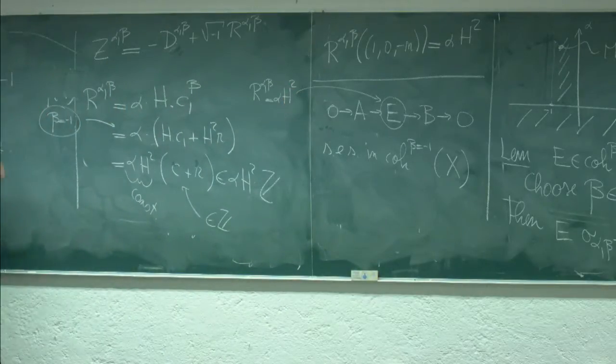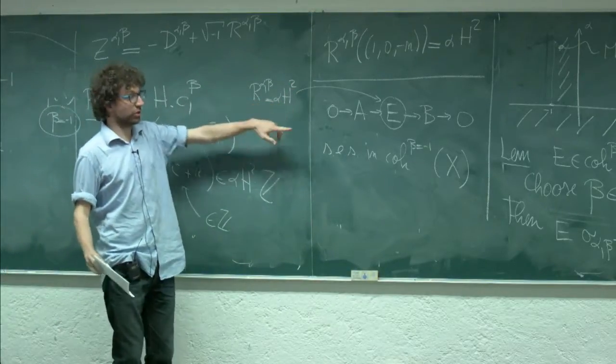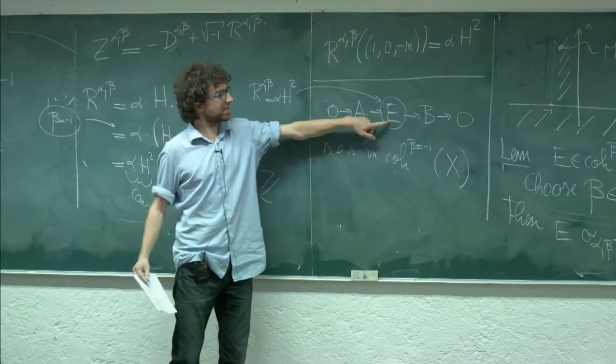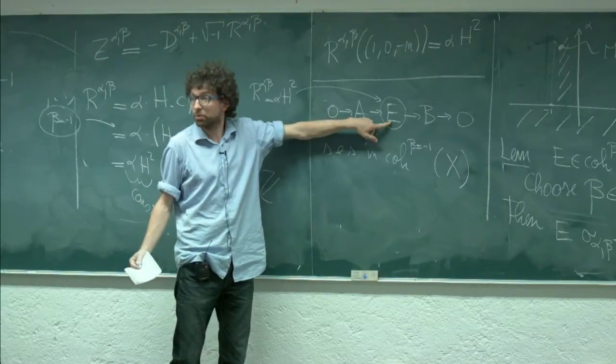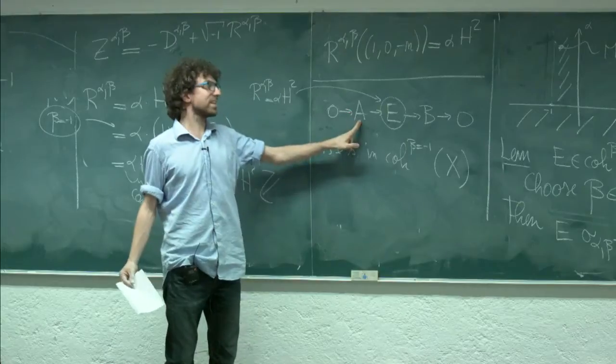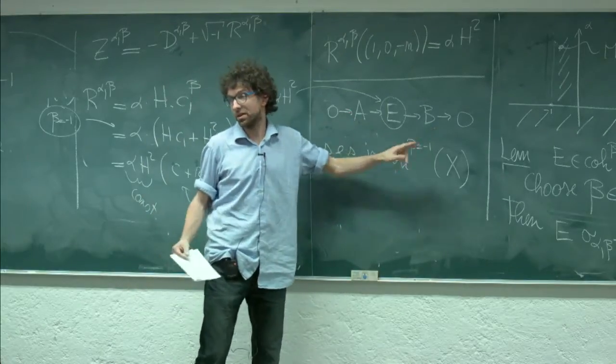Now it's very easy because somehow this guy is positive on the whole category, right? So this guy is positive, is the minimal possible. So it means that either this guy is 0 or this guy is 0.